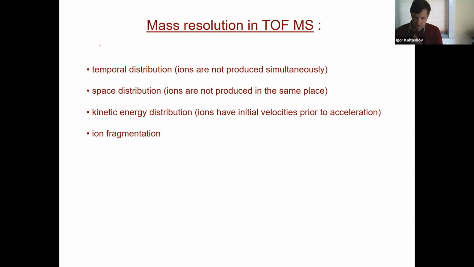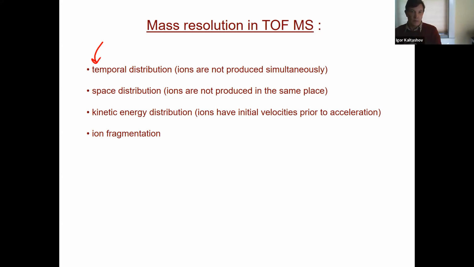One limitation on the resolution is the temporal dispersion. When we talk about ionization pulses, we assume that the pulse is infinitely narrow. In reality, it is narrow, but it has a finite width, right? As a result, even before you start separating your ions into separate groups, you already have some dispersion within the same group. There would be ions generated at the very beginning of your pulse, ions generated at the very end, and of course a lot of ions in between.